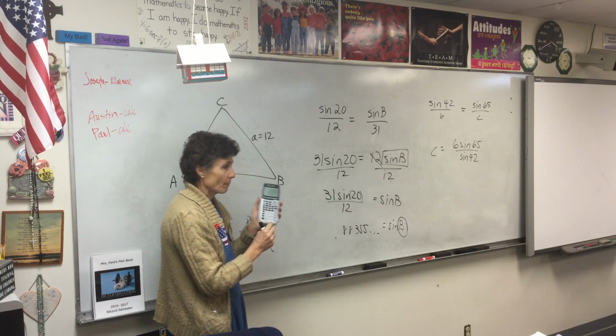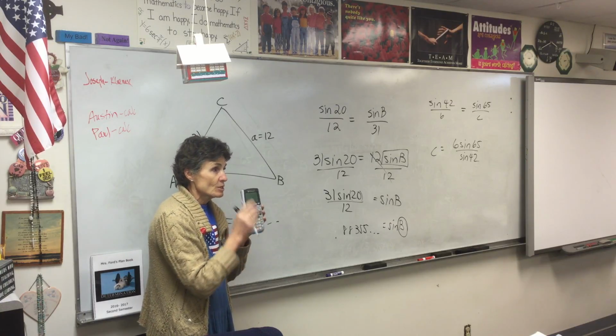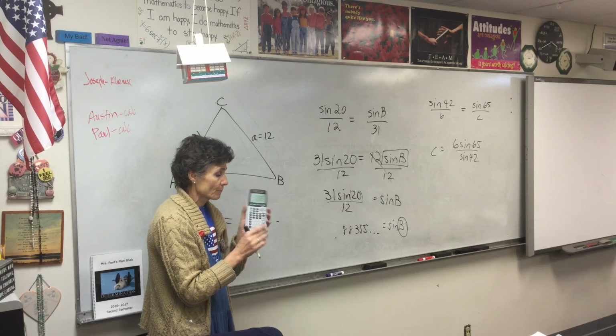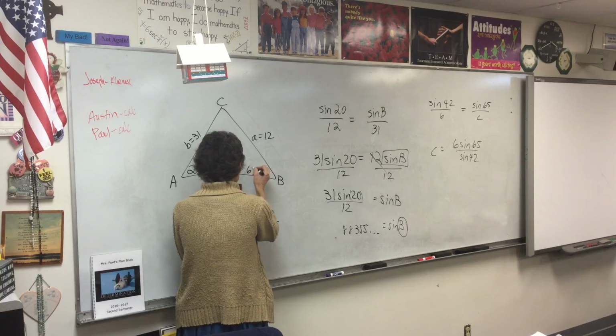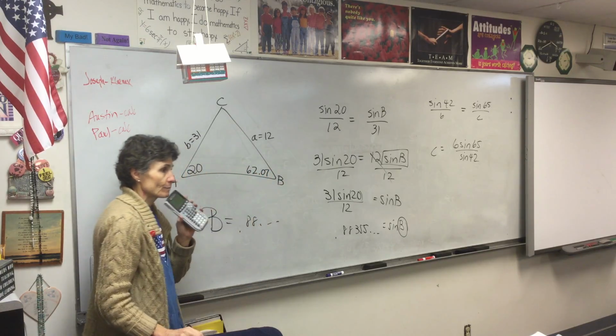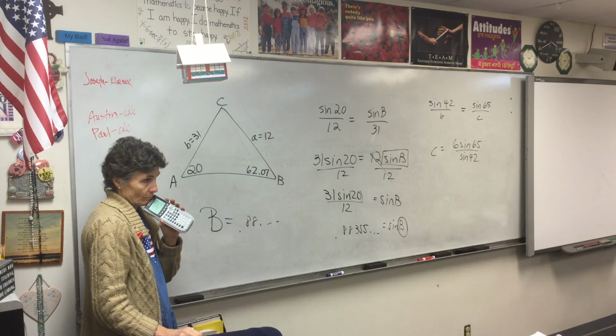And your answer button is above the negative sign on your calculator. So you second sine, second answer, and then hit equals, and it tells me that angle B is 62.07. Everybody still with me?